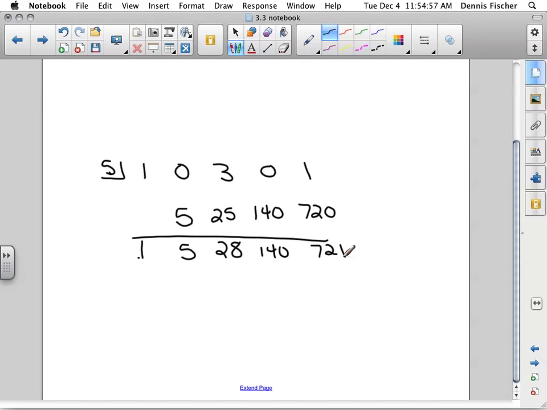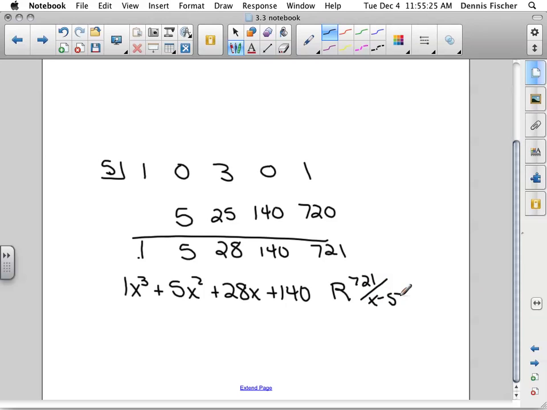Synthetic division, very easy, right? Just bring the numbers down and multiply by the next one. Now I started with x to the 4th, and I'm down to x to the 3rd. So this would be 1x cubed plus 5x squared plus 28x plus 140, remainder 701 over x minus 5.